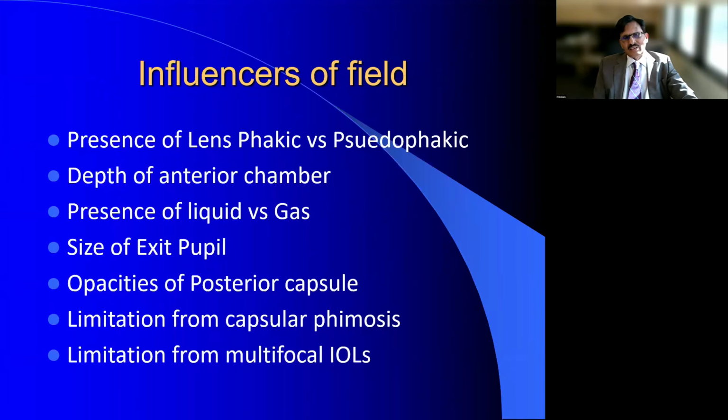The second important, not really well-known fact is the depth of your anterior chamber. Remember earlier I was talking about the nodal point. Imagine your nodal point is, let us say, 4 millimeters from your anterior corneal surface; then the area you see is smaller than if you have a very shallow anterior chamber where your nodal point is only 2 millimeters.